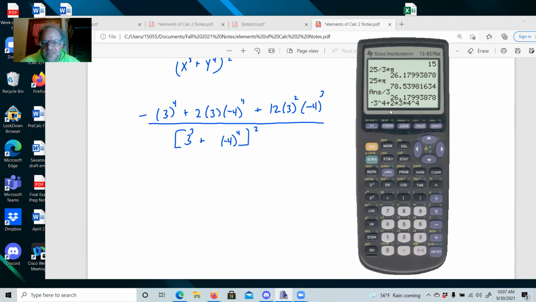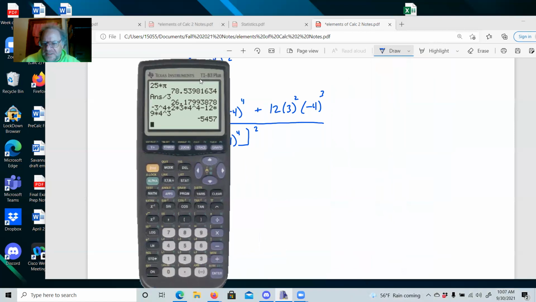All right, 2 times 3 times 4 to the 4th. Minus, because we're going to have 3 negatives here, right? Minus 12 times 3 squared is 9 times 4 cubed. Okay, we're just going to write that down as the top. -5457.